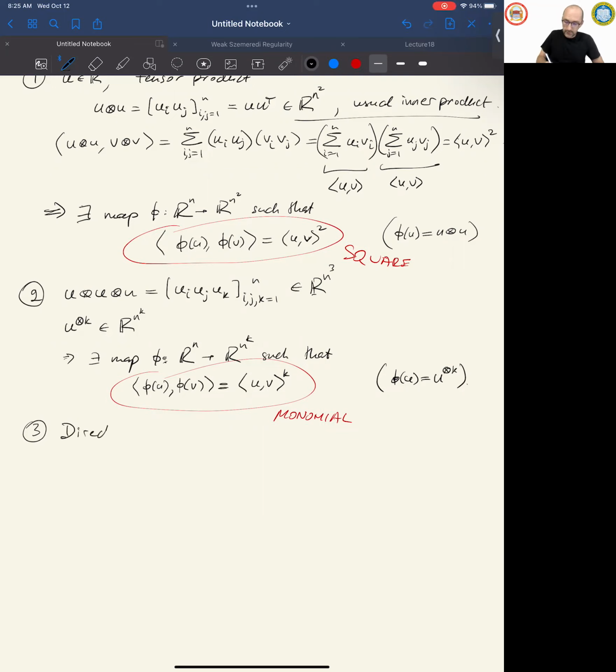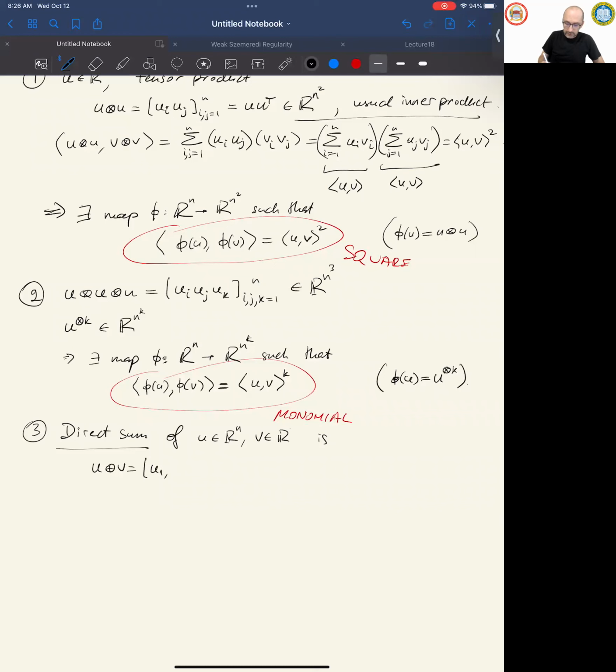So the direct sum of 2 vectors, u and v. Let's say they can live in different dimensions. You just concatenate these 2 strings. You put u and then you add v to it, and the long vector is called the direct sum.